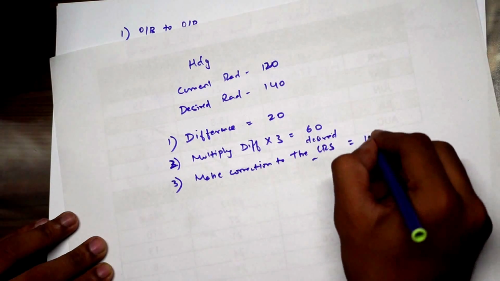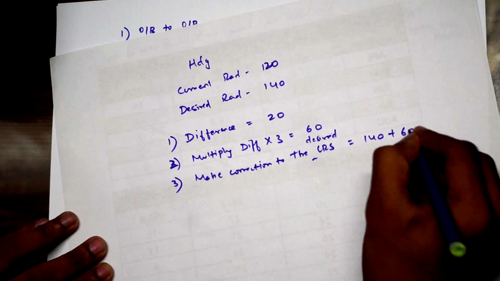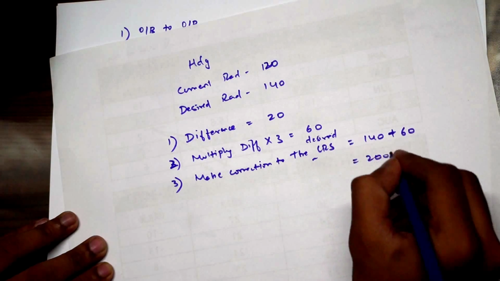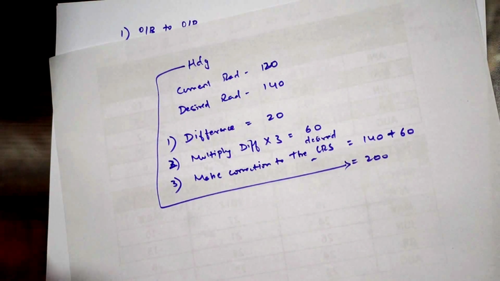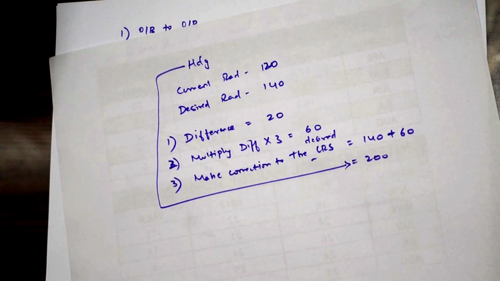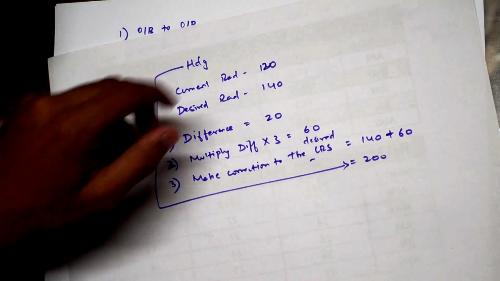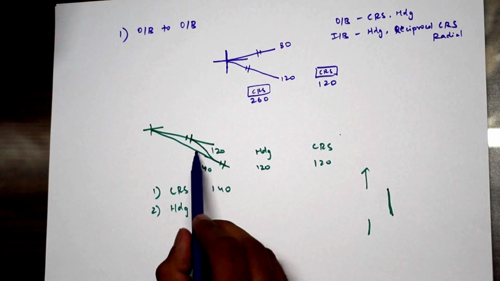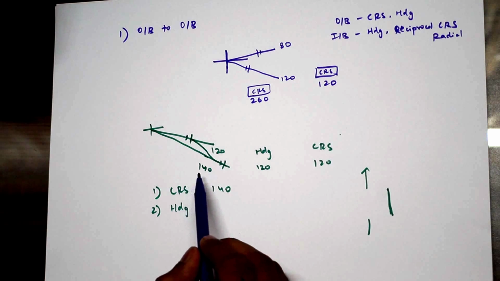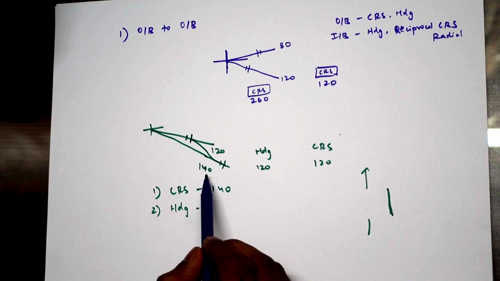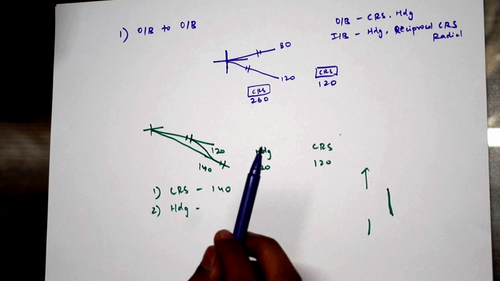So 140 plus 60 will be 200. So the heading to fly is 200 until interception. Now this is in the case of turning right, because as you can see it is to the right, so you'll fly 140 plus 60, that is 200, and you'll intercept this radial.